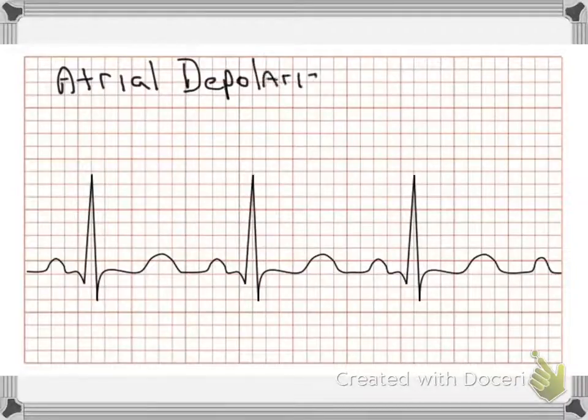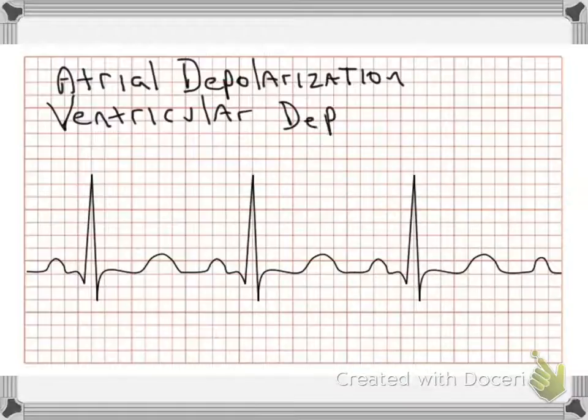So we've got atrial depolarization, and we've got ventricular depolarization in this electrocardiogram. And what I'd like to do now is to show you, using a red highlighter, where we have atrial depolarization. There it is, and there's ventricular depolarization.